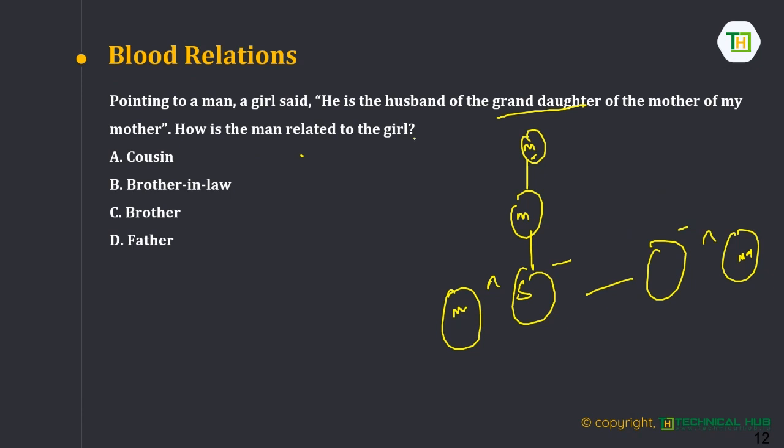Given the options, husband is not given, which means the speaker is not taken. So the granddaughter is taken as the speaker's sibling, and the sibling's husband is the man.